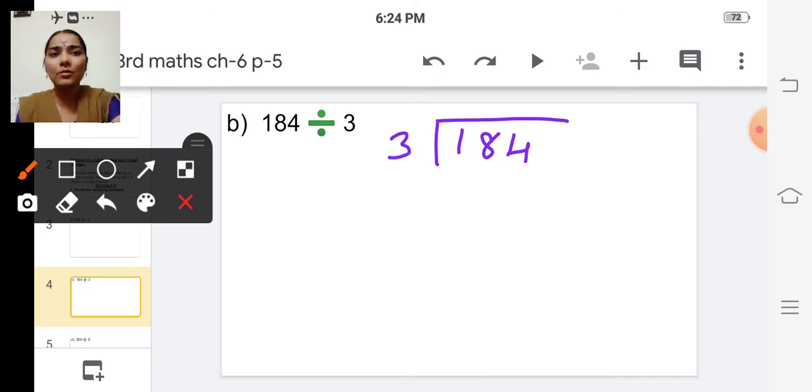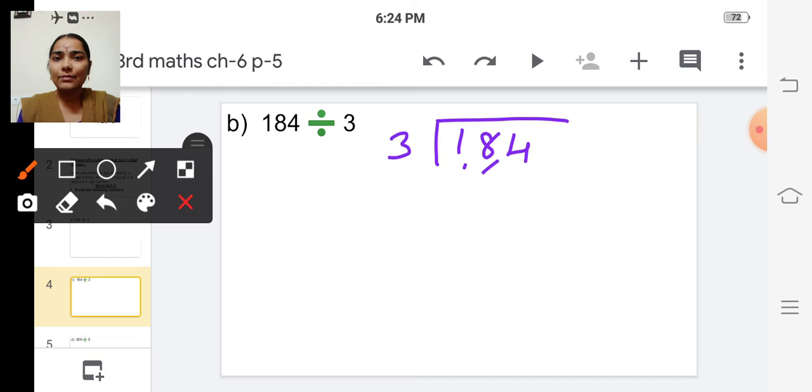So in this problem also, if we take the first digit of the dividend, 1 is less than the divisor 3. So we cannot divide, isn't it? So we can take the first 2 digits of the dividend, 18. So now the dividend is 18. So think of the third table.